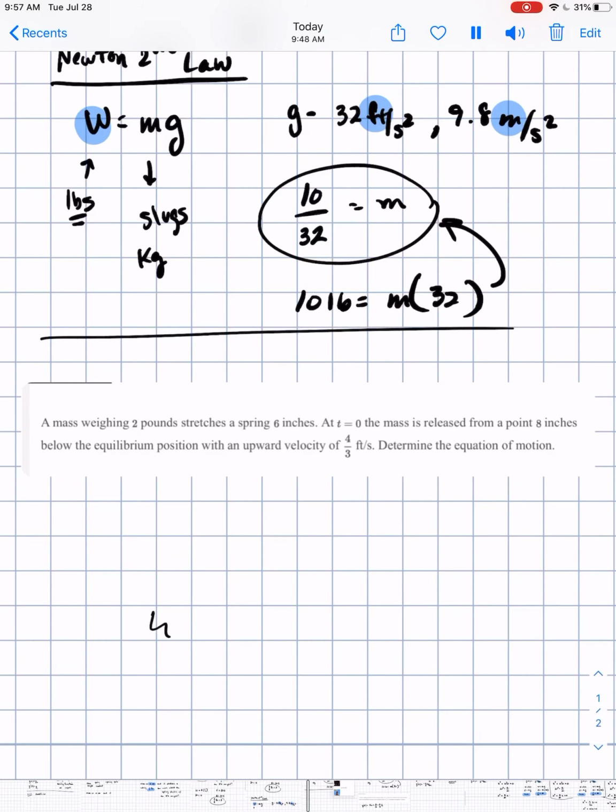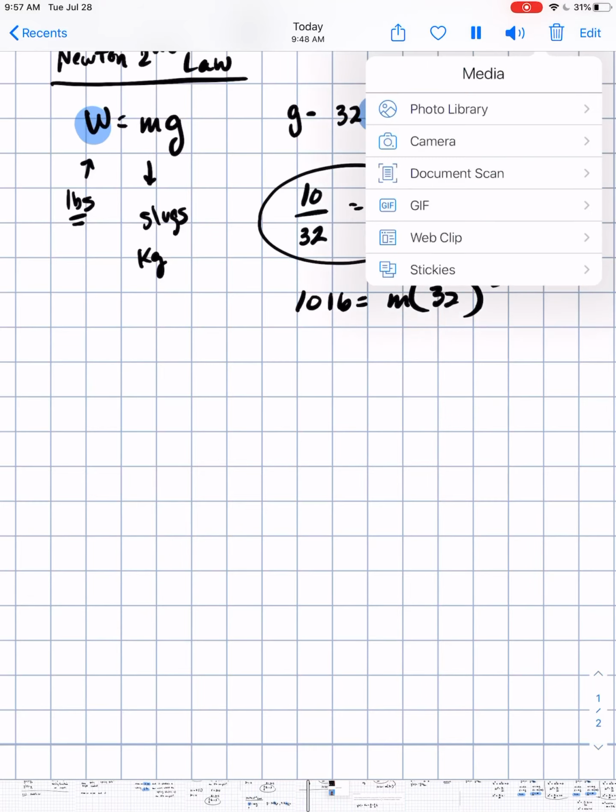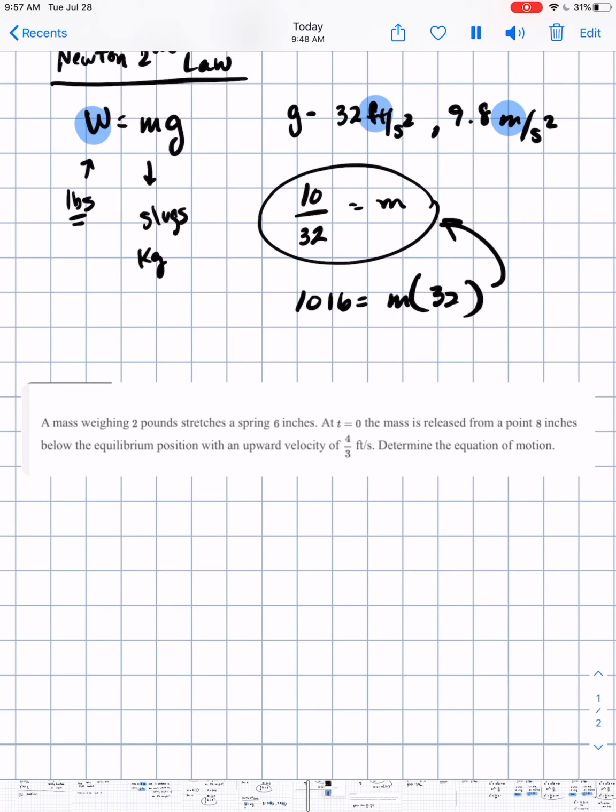So here you have a mass weighing 2 pounds that stretches a spring 6 inches. At t equals 0, y of 0 is released at 8 inches below equilibrium.